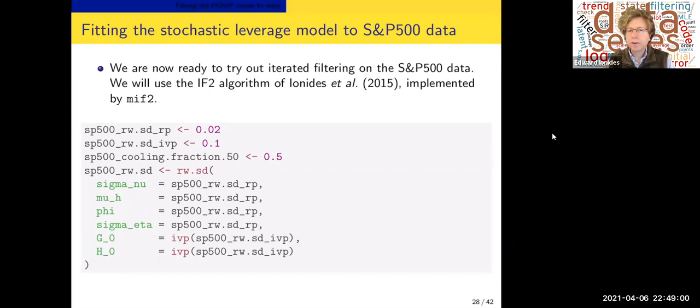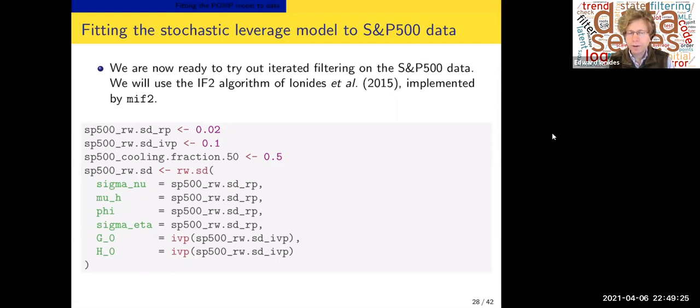And we're going to use a cooling fraction 50 of 0.5. That means over 50 iterations of searching, the random walk standard deviation gets multiplied by a factor of a half. That's roughly a 1% cooling, 1% decrease in random walk standard deviation for each iteration of the iterative filtering.